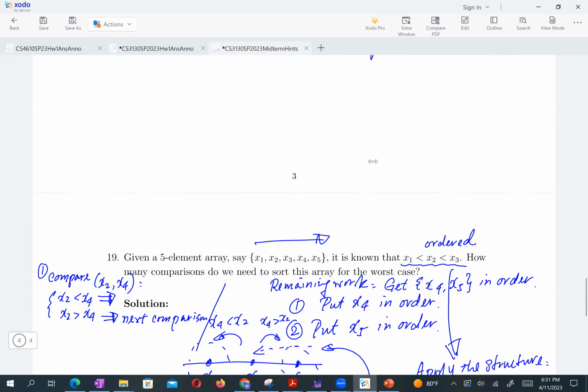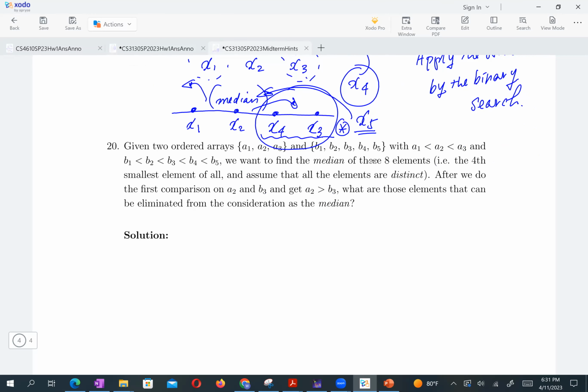This one is similar to our homework question, the last one. A array has 3 elements, B array has 3 elements. And here we do a modification.